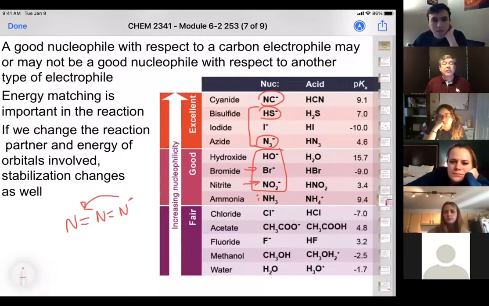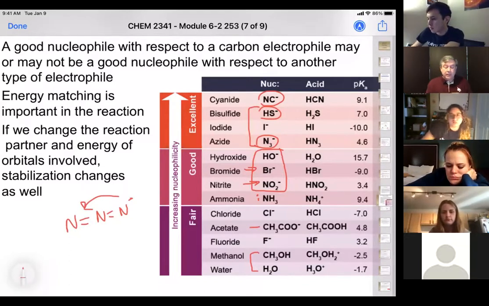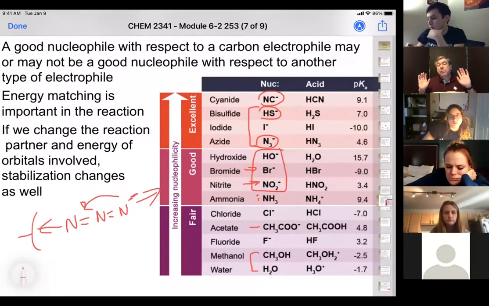Then we have our fair nucleophiles. Notice that chloride and fluoride are in this group because of their lack of polarizability. And acetate and neutral oxygens are in this group as well. The acetate is because it actually has only half a charge over here. This one is polarizable because if it comes in from this direction here, it can pull in that direction or that direction. But it's still a very good nucleophile because it's a negatively charged nitrogen.